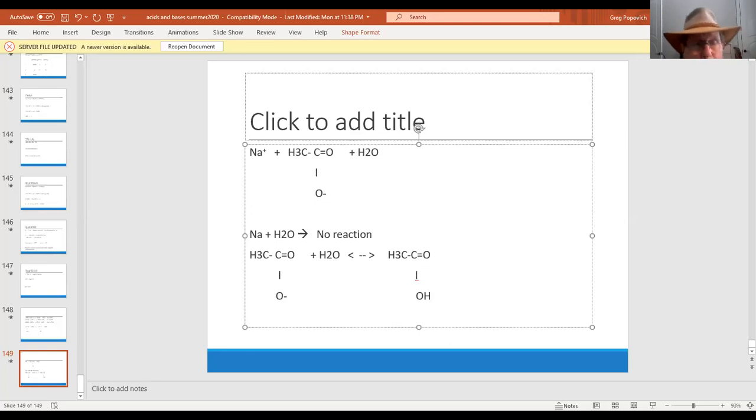Ethar, does that make sense to you? Yes, sir. So this is strong enough to pull a hydrogen off of H2O. If it pulls an H plus off of H2O, what is left?